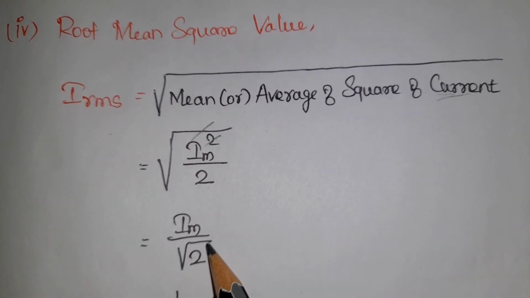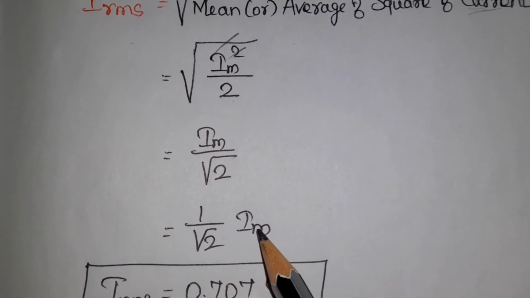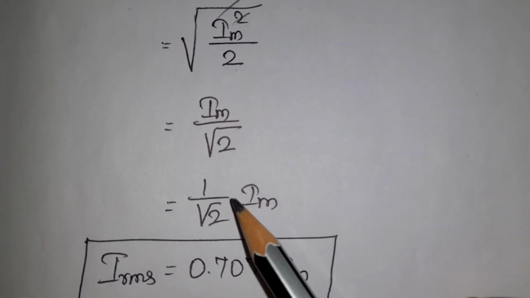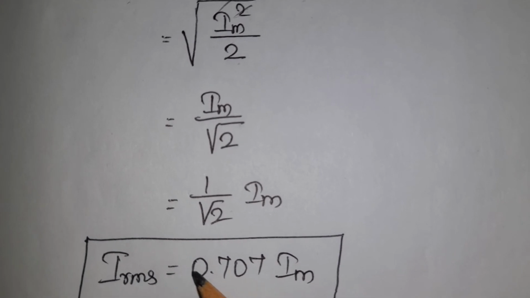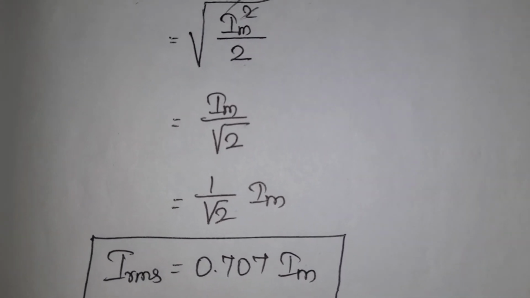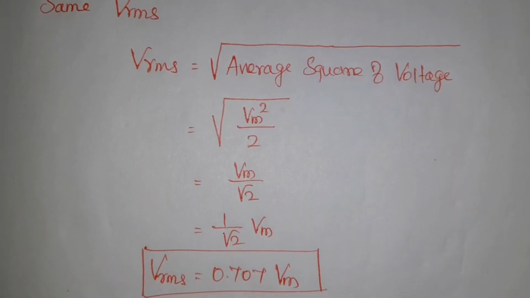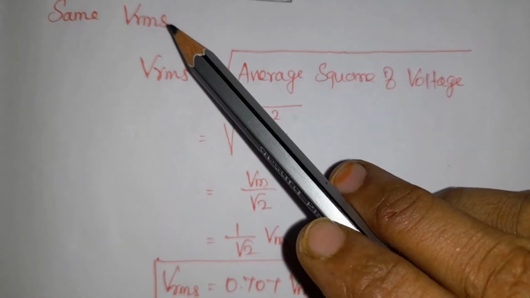So we already know the value of root 2 is 1.414. So 1 by root 2 value will be 0.707 Im. So Irms is equal to 0.707 Im. This is the RMS value of current. Next, the same for Vrms.